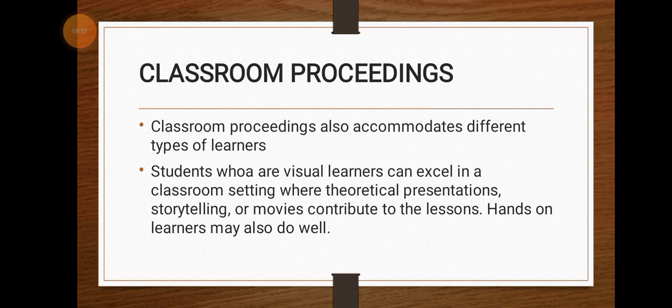Hands-on learners may also do well. So classroom proceedings are the methods that a teacher uses so that students can understand. What method will the teacher use in teaching so that the students understand what is being discussed?